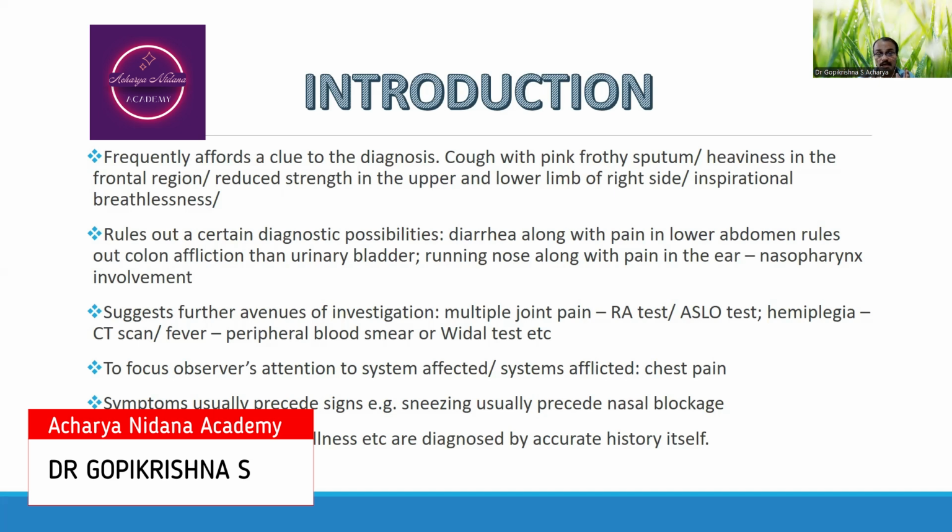And to focus the attention of the clinician where the systems are afflicted, that can be narrowed down. Symptoms usually precede the signs. So these are the significance of that.